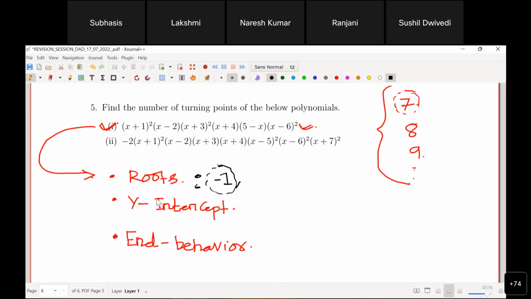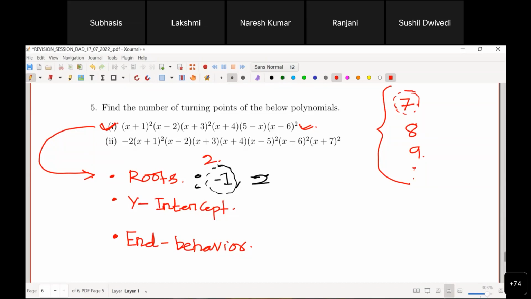Okay, correct. So for -1, the multiplicity is 2. And the next root is 2, and for 2 the multiplicity is 1, because it's basically x minus 2.